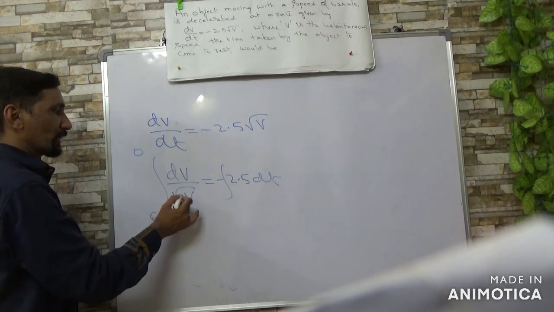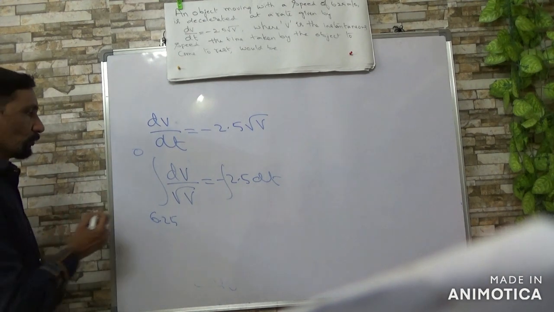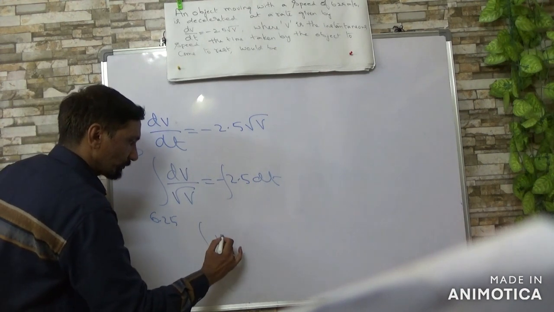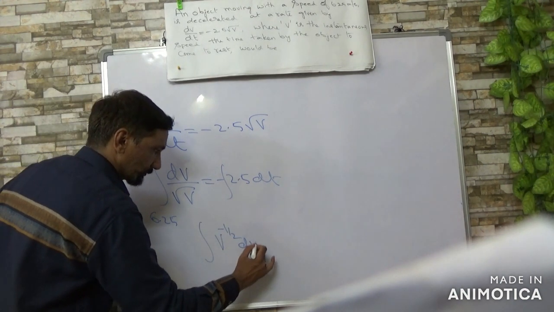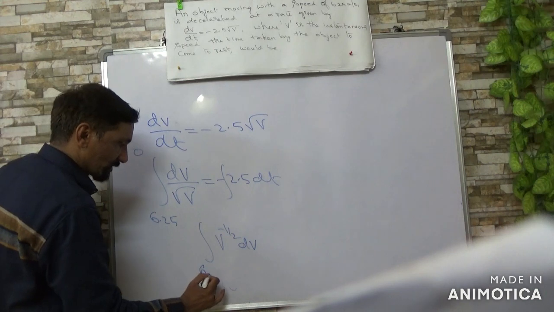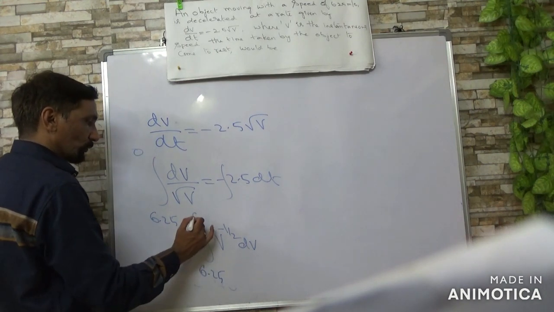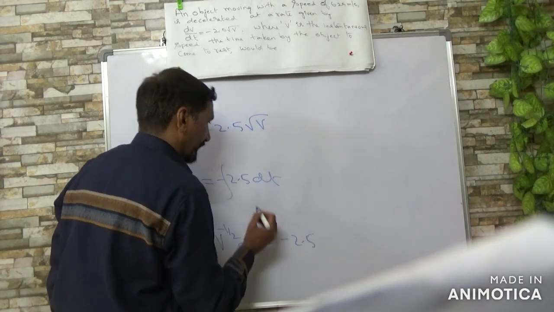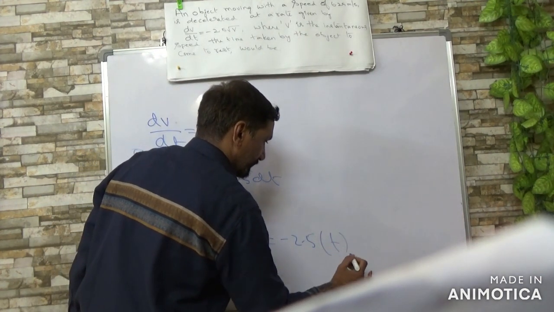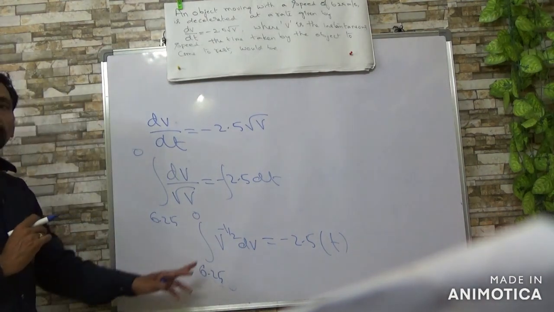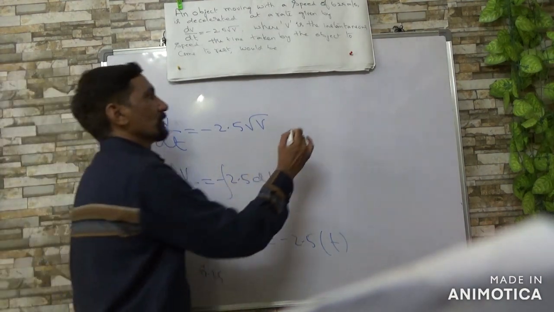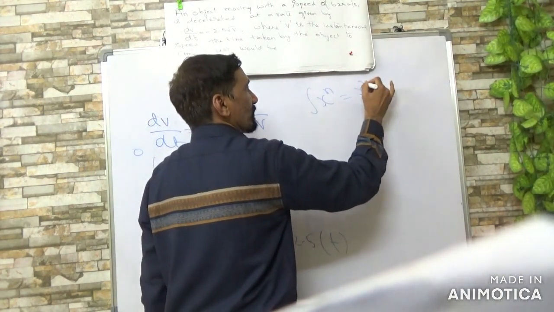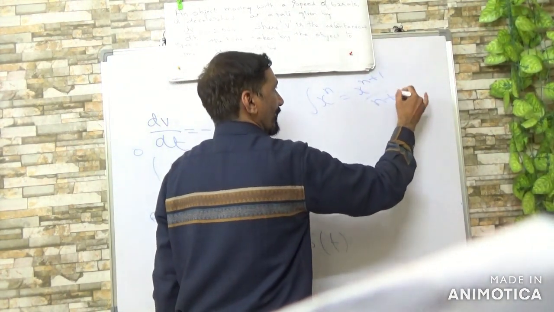Now for the integration of dv by root v, you can also take the root to the numerator, between the limits 6.25 to 0, and minus 2.5 dt integrates to t. Next, the integral: whenever it is x power n, you write x power n plus 1 by n plus 1.